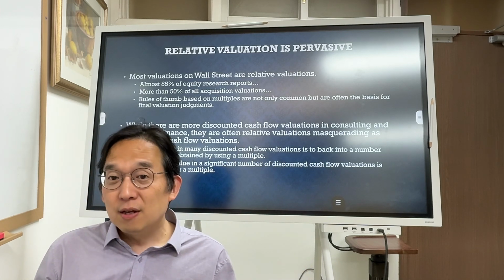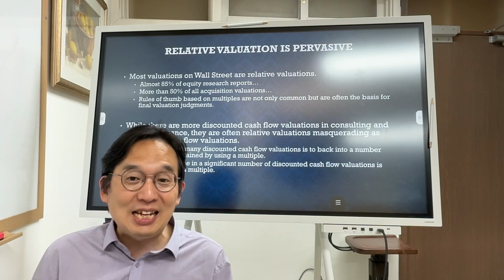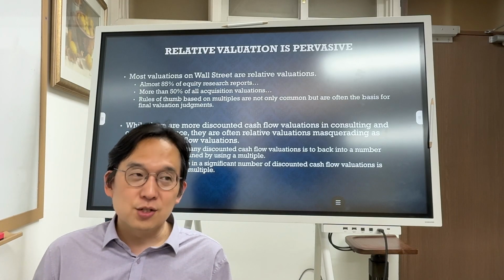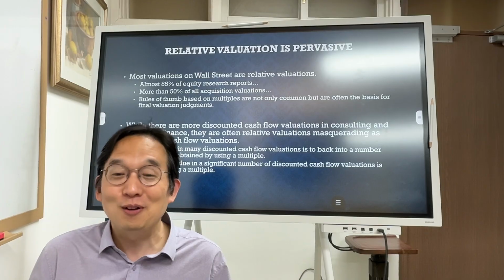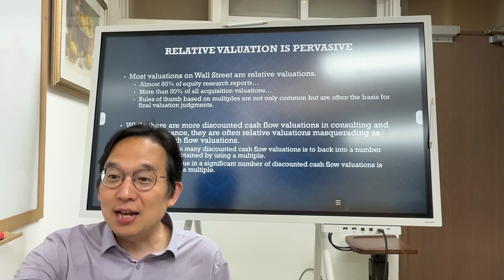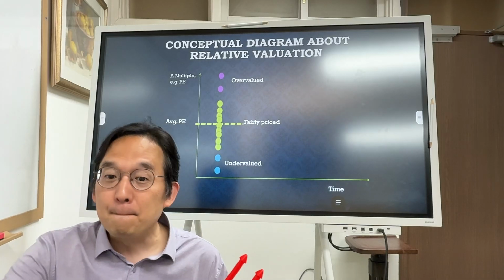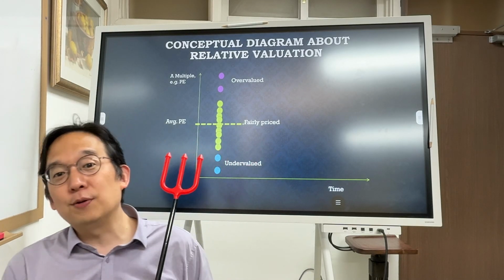That means even though you seem to use DCF, 90% of it will come from relative valuation. So after all, we are living in a relative valuation world in that sense. So that's what we mean over here, and then a conceptual diagram about relative valuation. Let's look at it here.